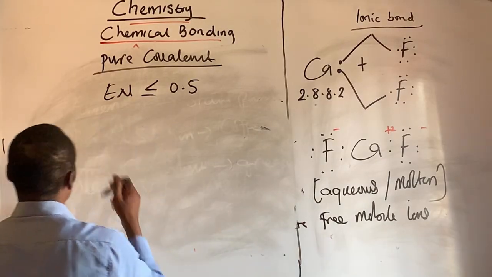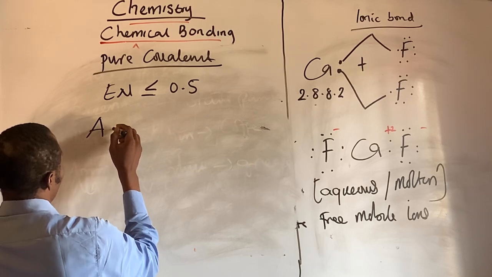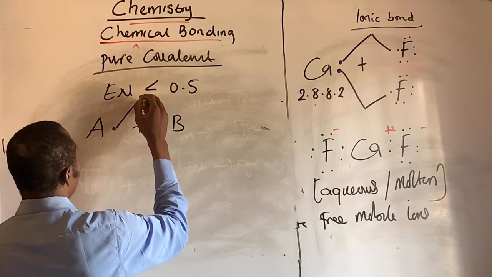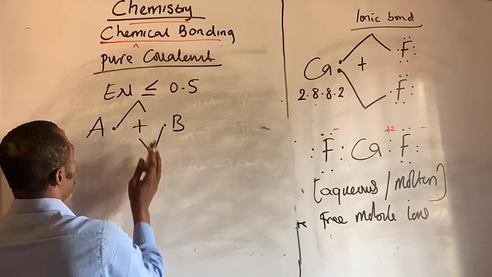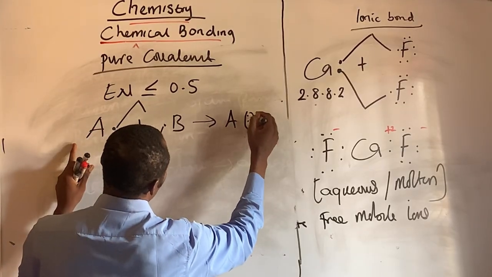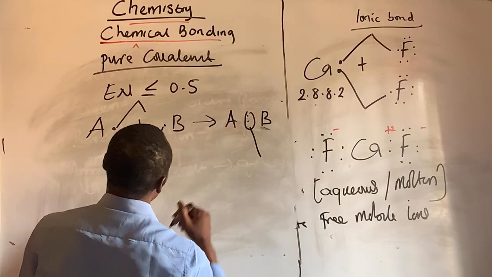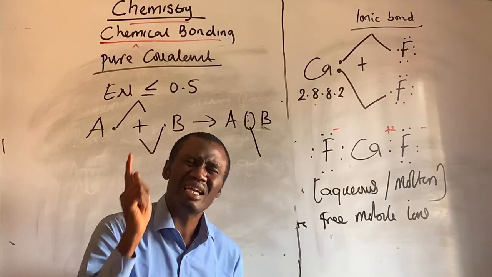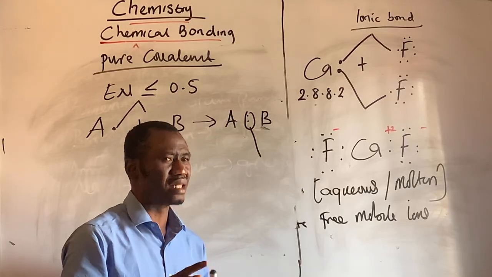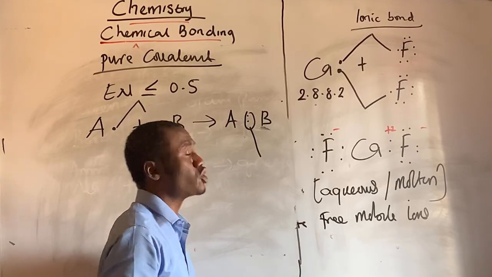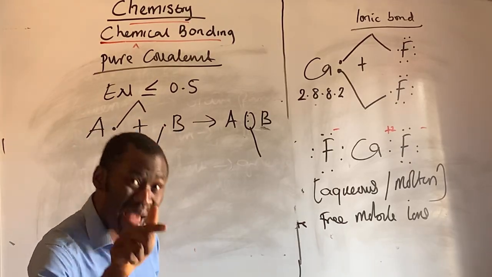Now, let's say we have an element A which has an electron, and another element B which has an electron. This electron is shared between the two, and so I'm going to have an electron cloud. This electron is called the shared paired electron. Take note of that. If you go to the coordinate covalent bond or the dative bond, the electron is called a lone paired electron.